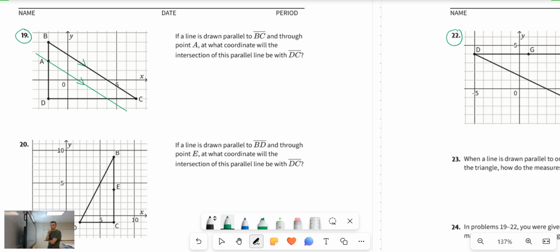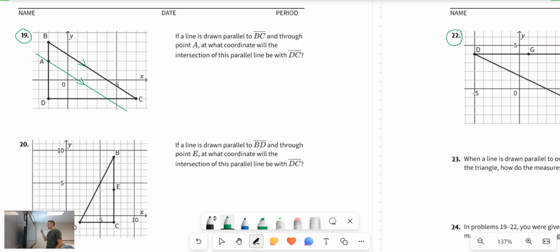So there are a couple of different ways of approaching this problem. We could do intersections. We could do proportions. We could solve for a whole lot of stuff. But we're not going to worry about that right now. We can do proportions. So we know that it's parallel. So what does parallel mean?